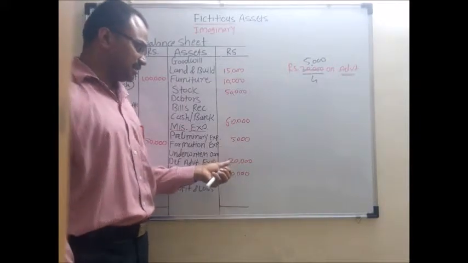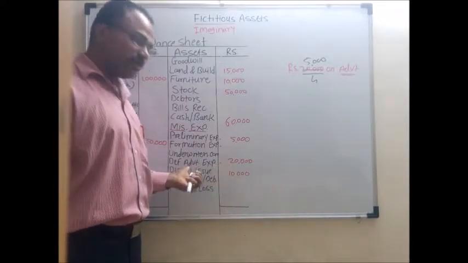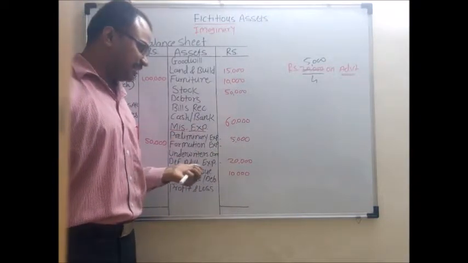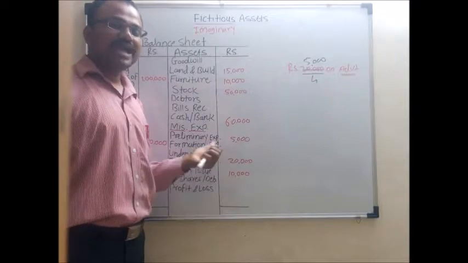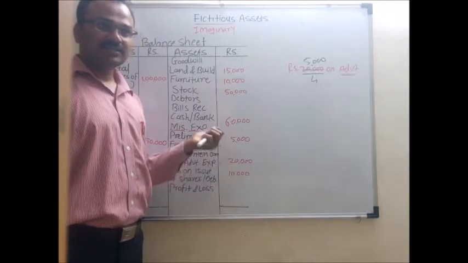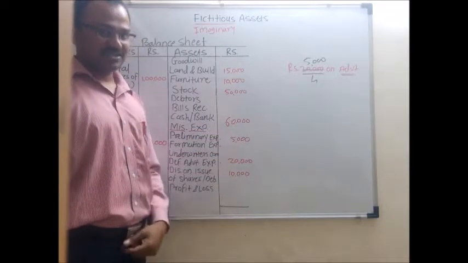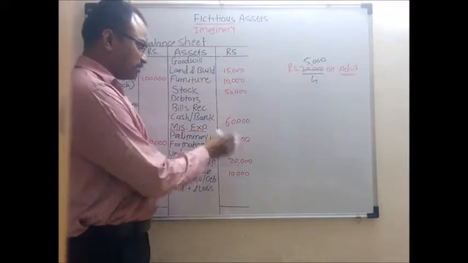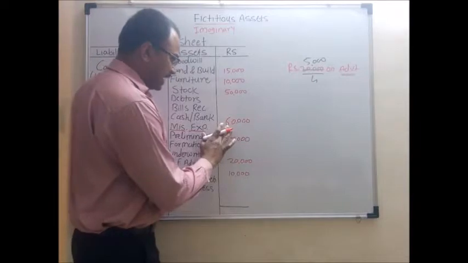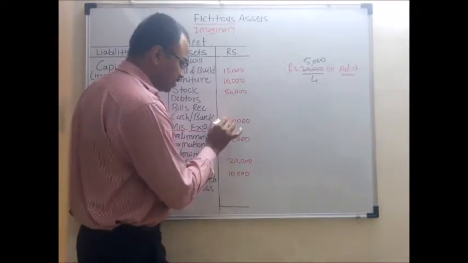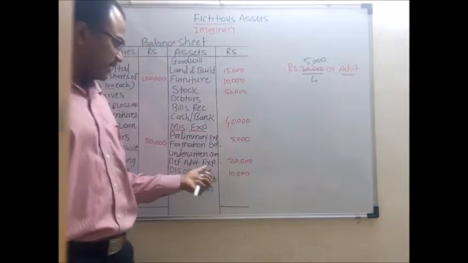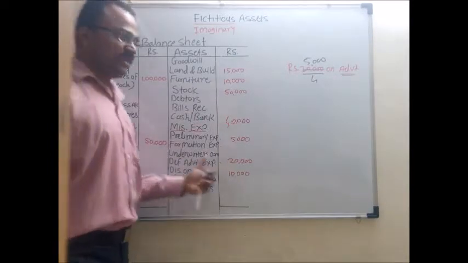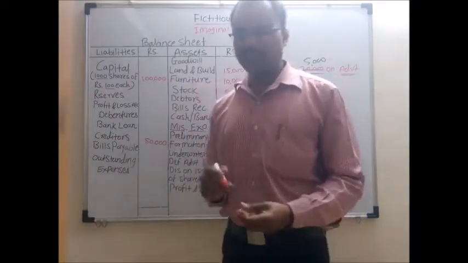In that case, this expenditure will be shown as a deferred advertisement expenditure in the miscellaneous expenditure, which is actually a fictitious asset. Okay, so out of this 60,000, I have spent 20,000 on advertisement expenditure. Okay, fine. In this way, fictitious assets get created.